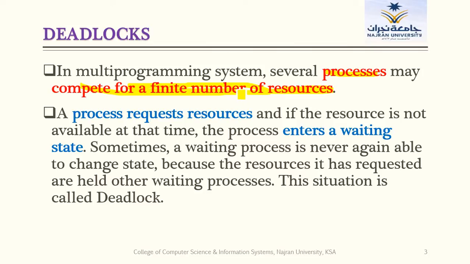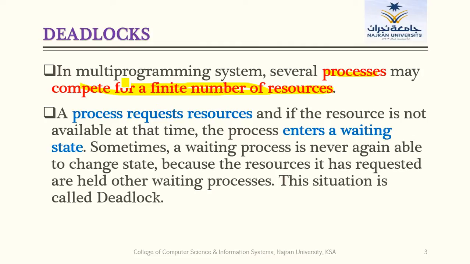So what are these resources? Our processor, memory, keyboard, mouse, monitor. All these are resources and we have a limited number of them, and we need to give them resources in some proper order so that deadlock does not occur.